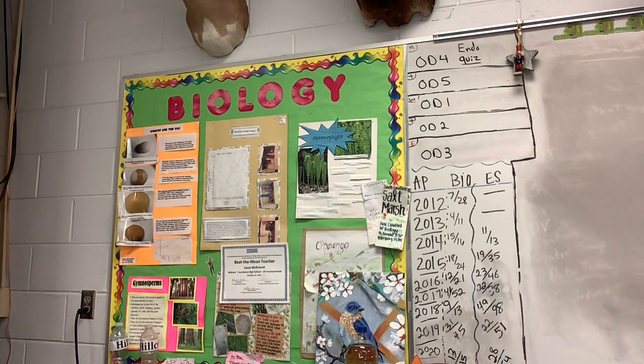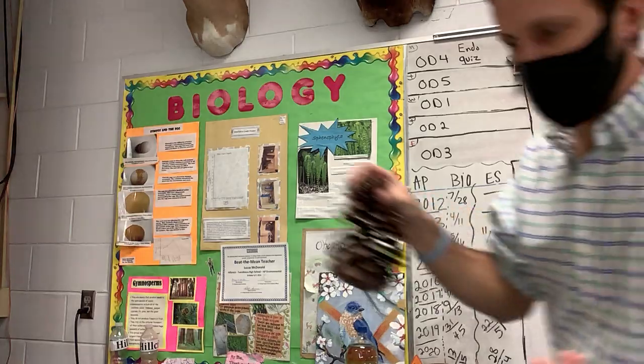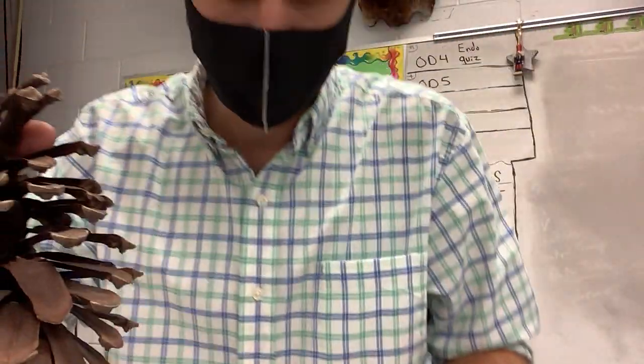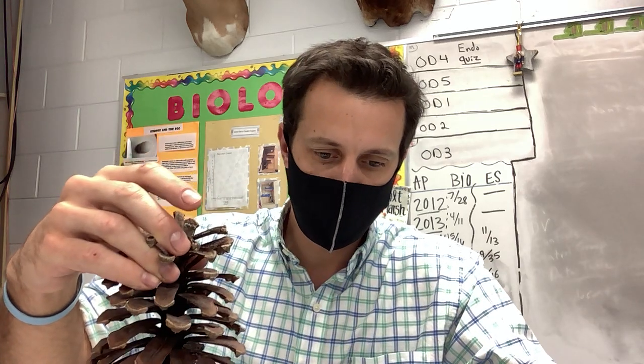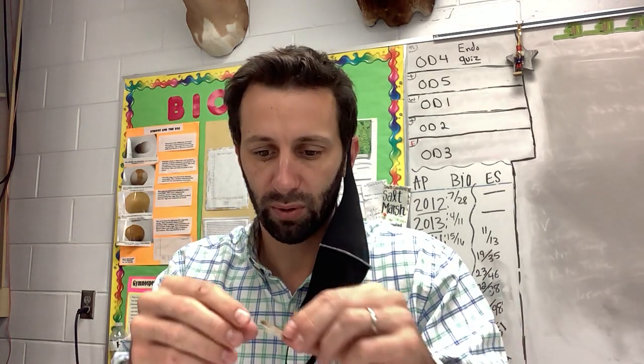So, for the sake of the internet, this is a female cone. Inside these little things right here, that's where the seed would develop. And then once they mature, which you see on the bottom left of 634, they fall out. Okay, that didn't work. Let's see if we do this.